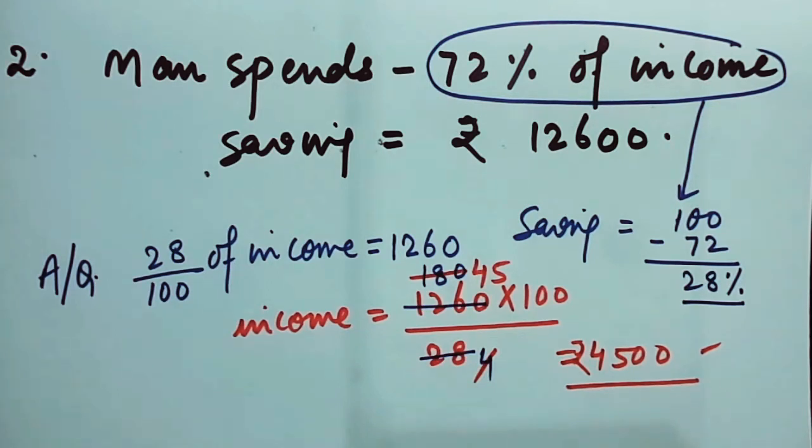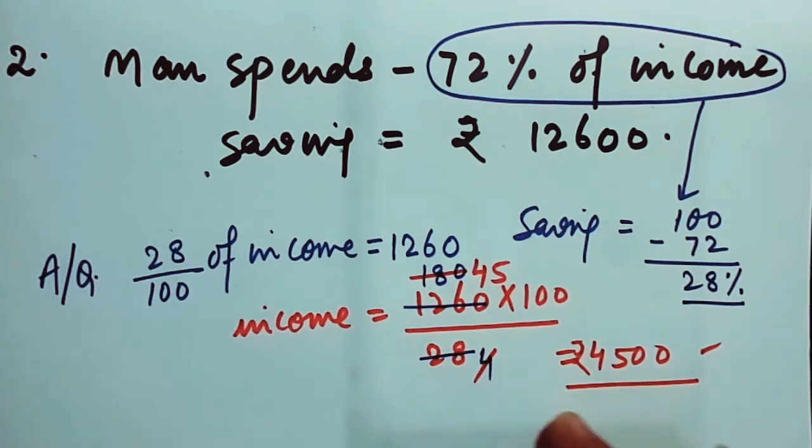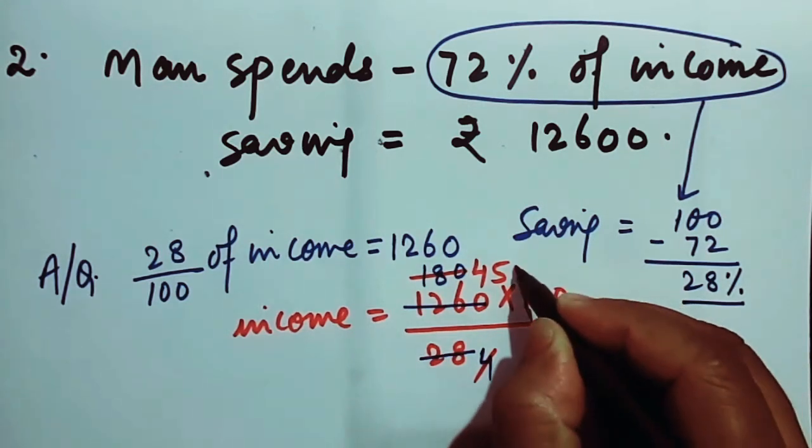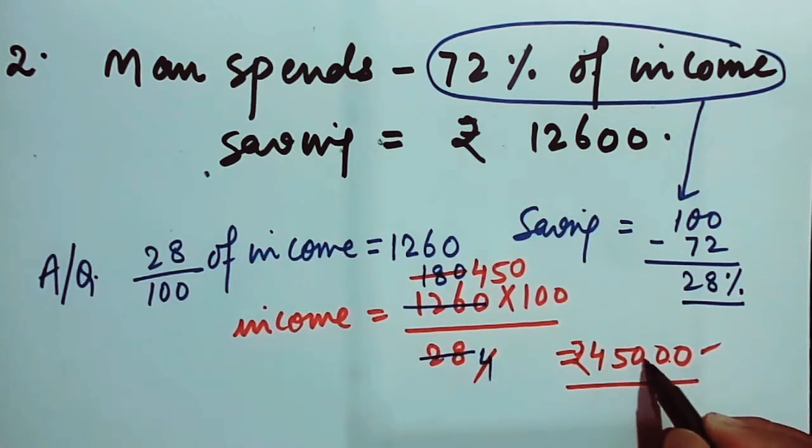So the monthly income which they are talking about is rupees 4500, isn't it? One more zero is there, so you have to put one more zero: 45,000. You cannot expect it as 4,000.